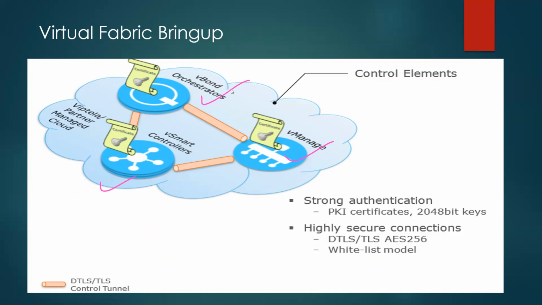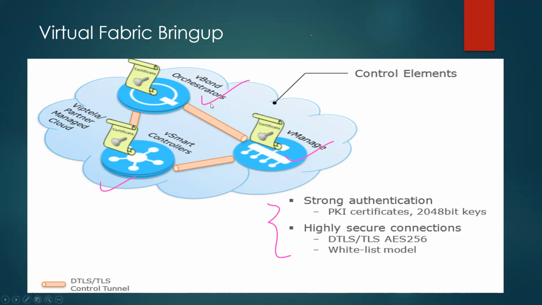All these controllers are doing some mutual authentication. They are doing PKI certificate exchange and forming either a DTLS tunnel or a TLS tunnel. When I perform the lab, you will see the options come up, whether you want to form the DTLS tunnel or the TLS tunnel.